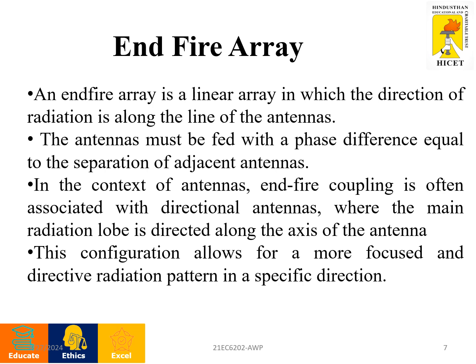End-fire is often associated with directional antennas, where the main radiation lobe is directed along the axis of the antenna. This configuration allows a more focused and directive radiation pattern in a specific direction.